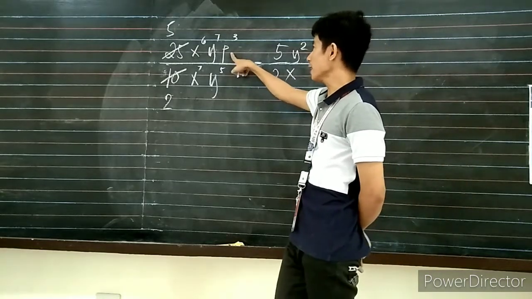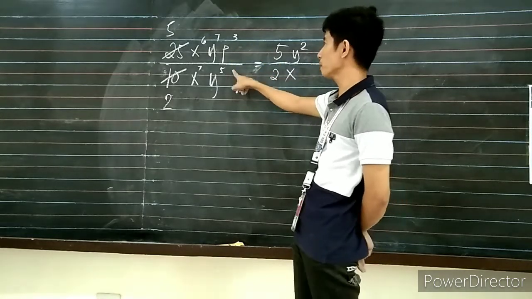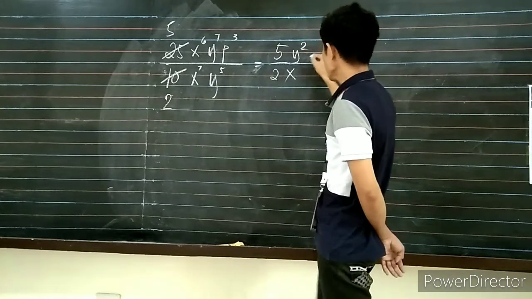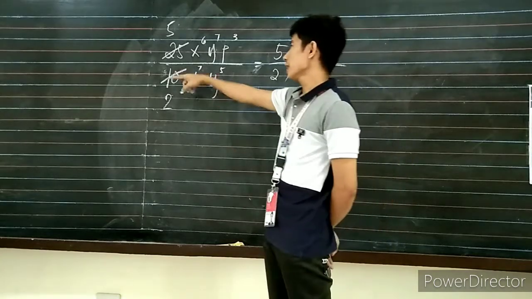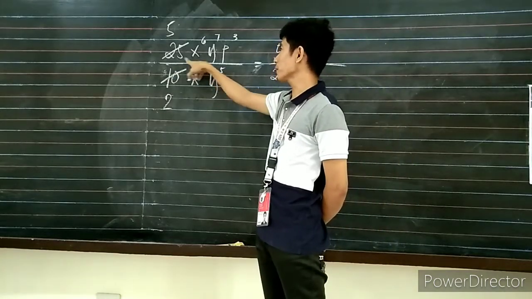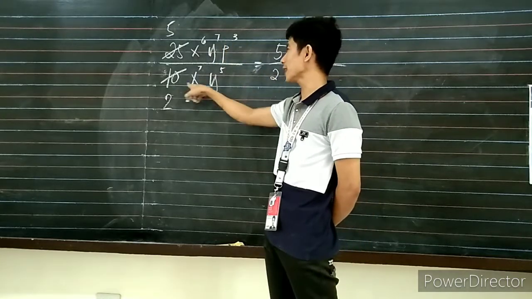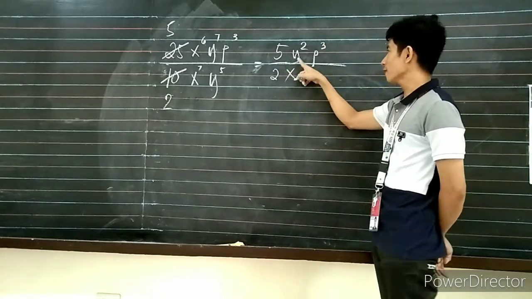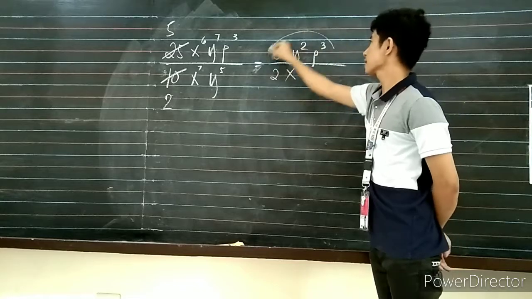And since there is no p in the denominator, we will just copy p cubed. So the answer in simplifying 25x to the 6th, y to the 7th, p cubed over 10x to the 7th, y to the 5th is 5y squared p cubed over 2x.